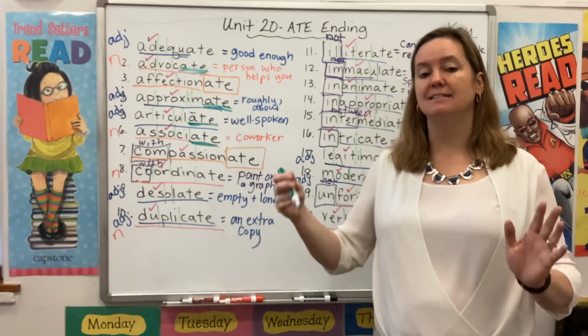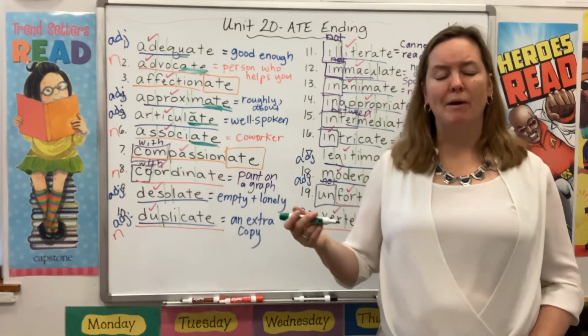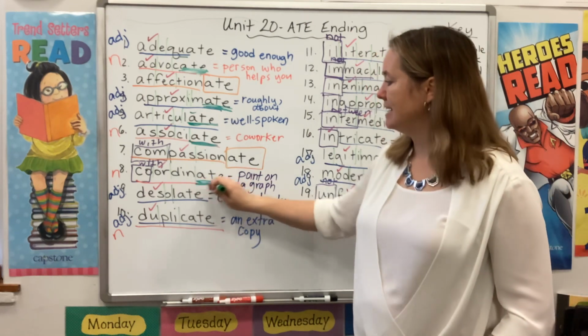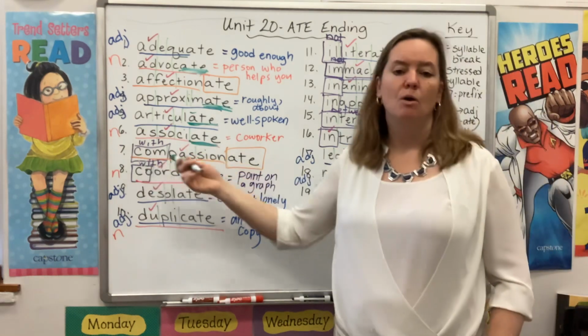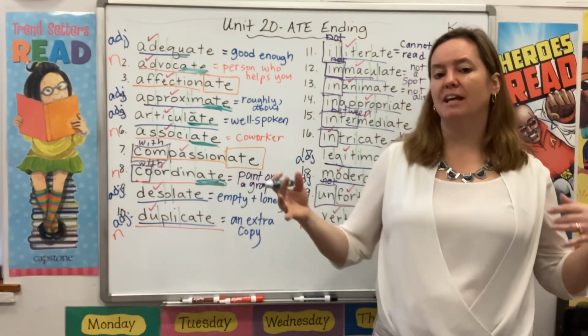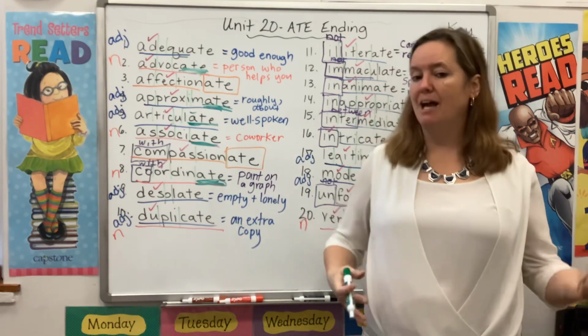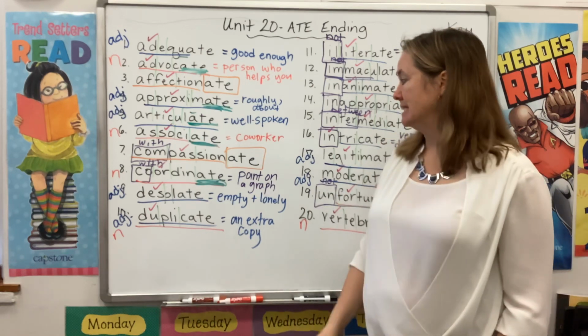Your associate is someone you associate with. A coordinate is a point on a graph, right? But you can also coordinate, you can match with someone else. So you and your friend can coordinate on twin day, you can wear the same clothes. Or when you're picking out an outfit, you can coordinate, make sure your shirt matches your pants.